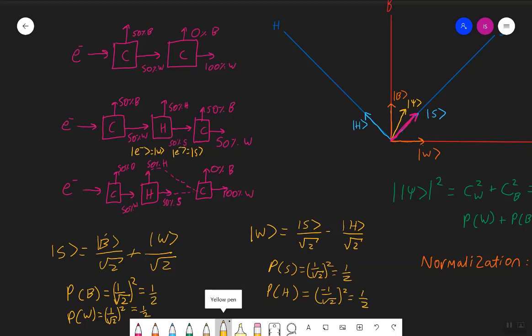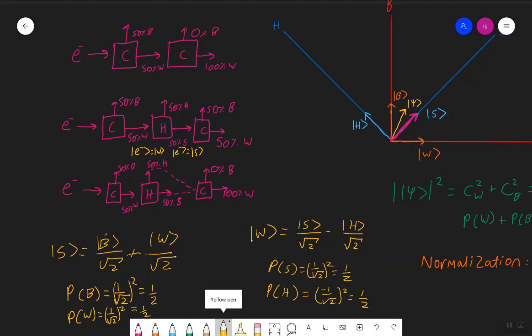Okay, so now in our last example, we again take all the white electrons and put them through a hardness box. We have 50% hard, 50% soft, which is what we had gotten before.